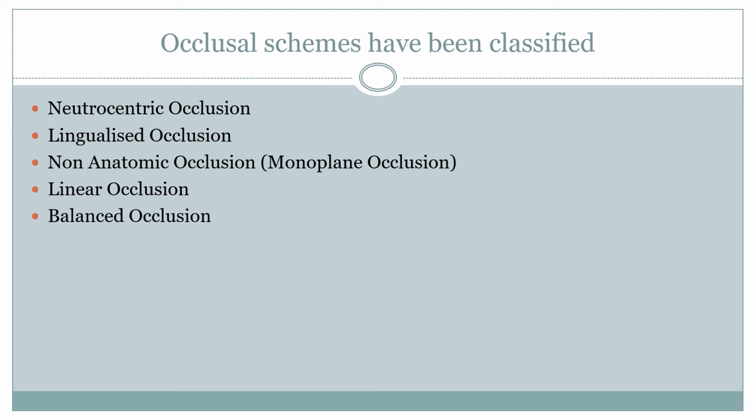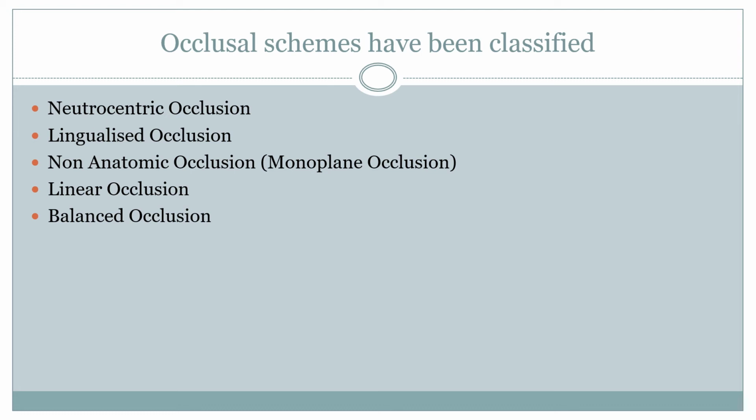Then coming to your monoplane occlusion, monoplane occlusion is about using non-anatomic teeth. In cases where there are severely resorbed ridges, or patients who lack the manual dexterity to use their dentures, and patients who are mentally challenged, in these kinds of cases we try to give a monoplane occlusion.